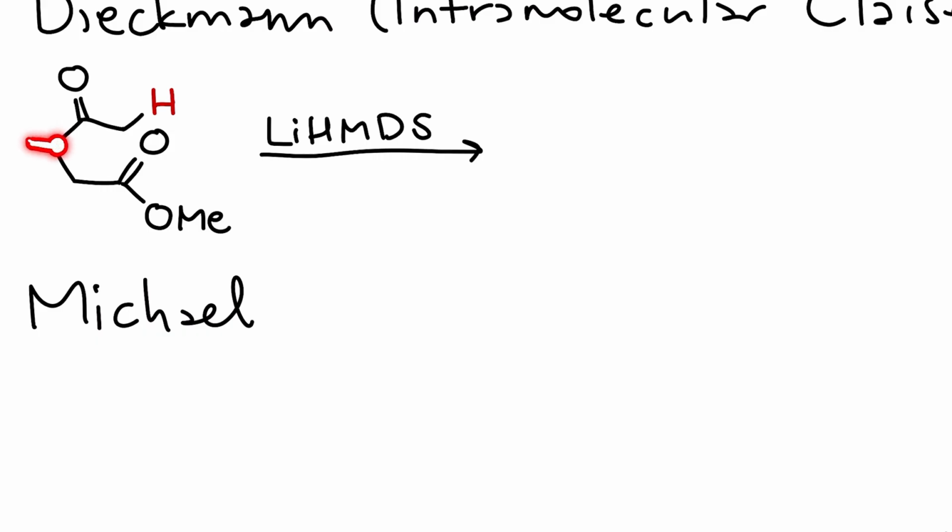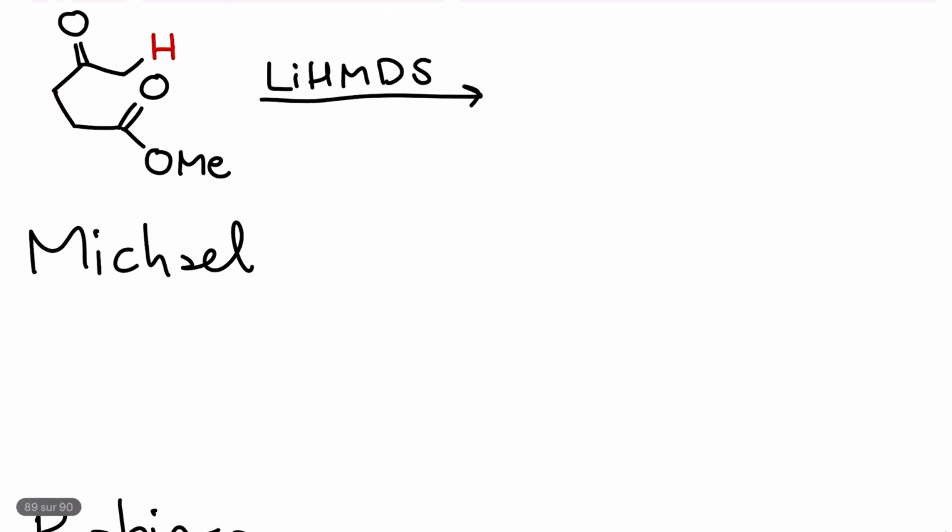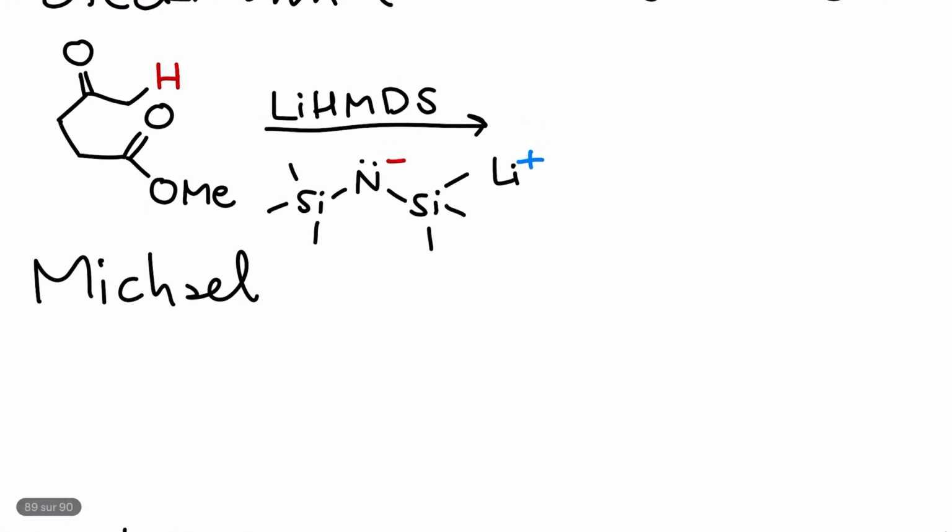Well, it's going to have a harder time getting into it, because LiHMDS is quite a big base. If you want to know what it's like, it looks like this. This is the HMDS part, and the lithium part is just the counter ion. This is LiHMDS. As you can see, it's quite big.